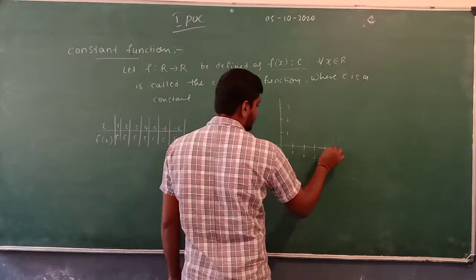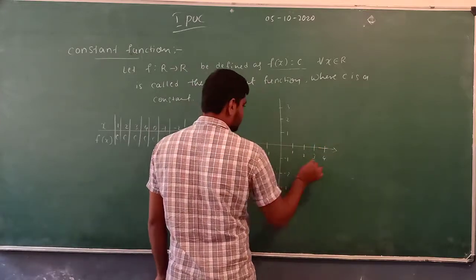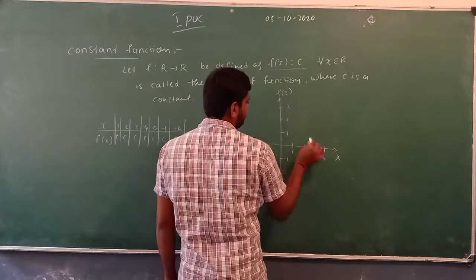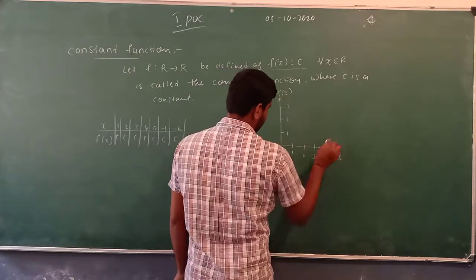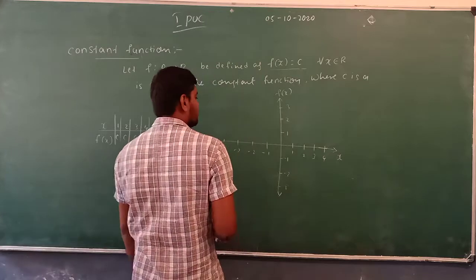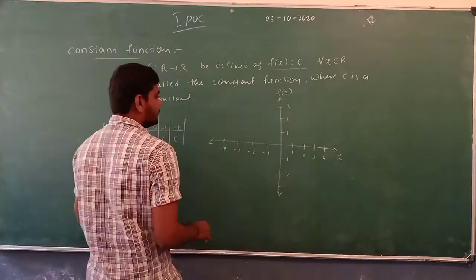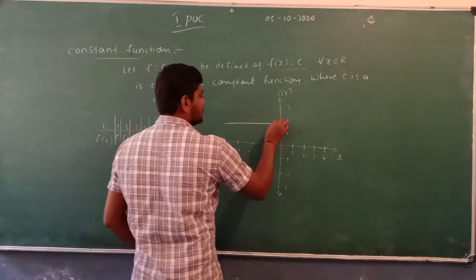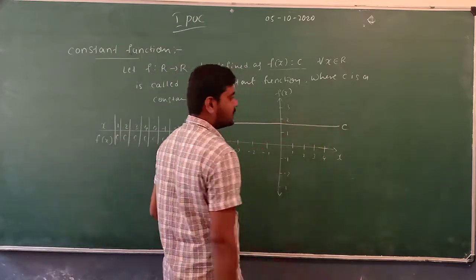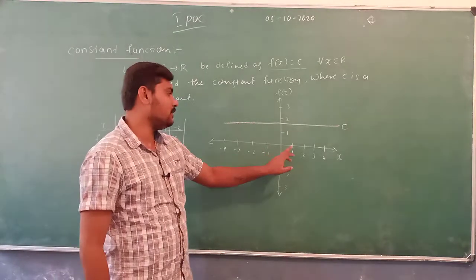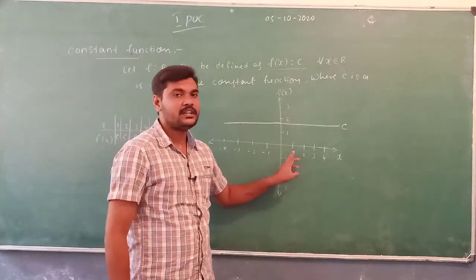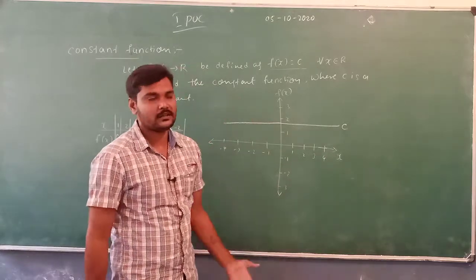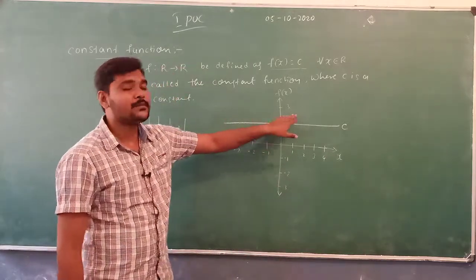This is going to be the x axis, and this is going to be f of x. Suppose I am choosing c, so this c is going to be here. This is the constant function. Whatever value you want to give for x, it may be 1, 2, 3, 4, or any real number, the answer f of x is going to be c itself.